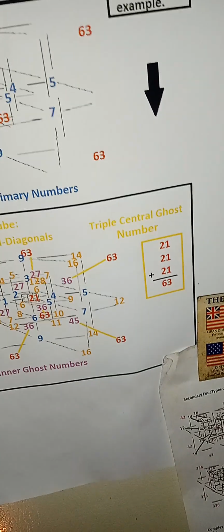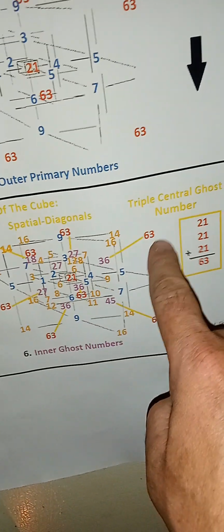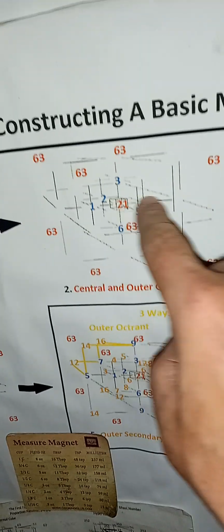Or you can just simply add 21, 21, 21 is 63, which is what I did right here.